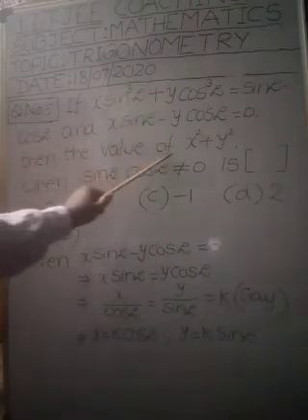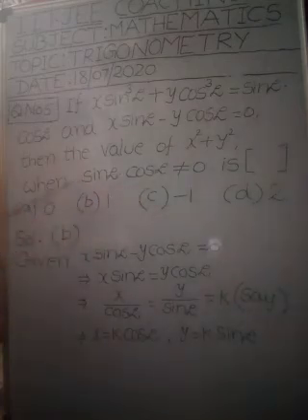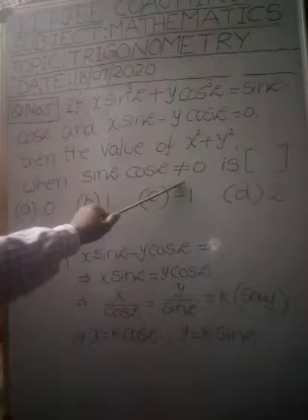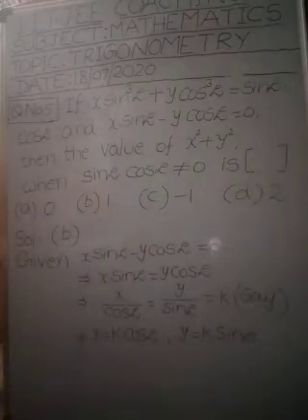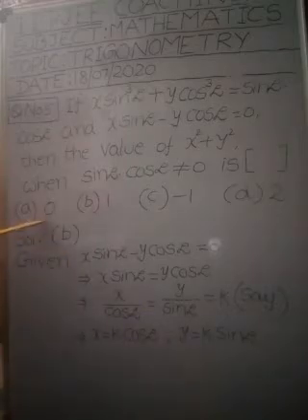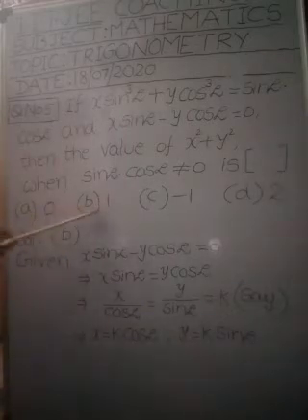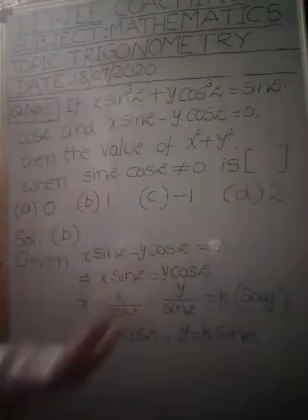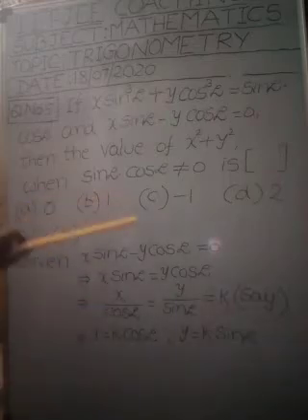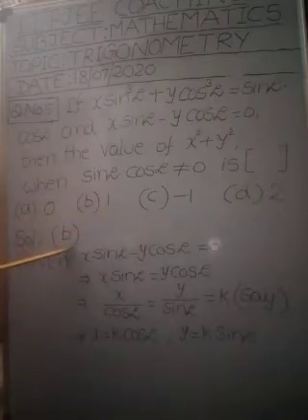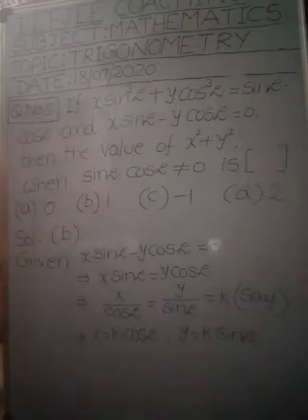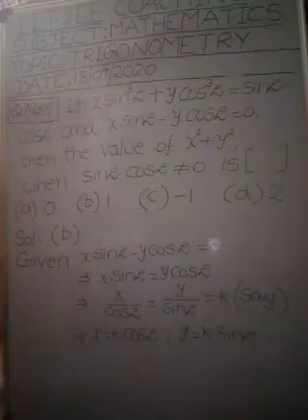Then the value of x square plus y square, when sin alpha into cos alpha is not equal to 0, is, here we have to find the value of x square plus y square. Here the options: first option is 0, second option is 1, third option is minus 1 and the fourth option is 2. Out of these four options, the second option is the correct answer. That is 1. Okay, let us see how the second option is the correct option.